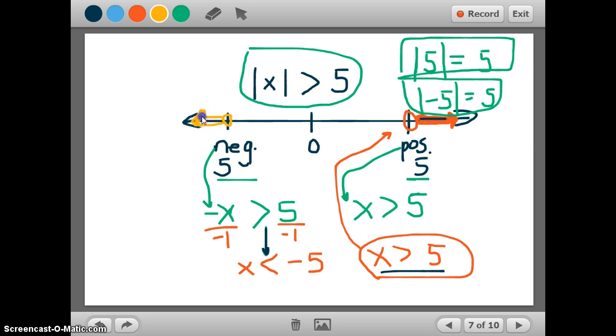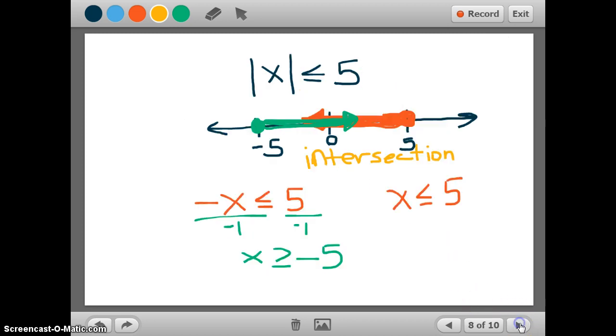Notice with this problem, both answers are going in the opposite direction of each other. We'll talk about the meaning behind that and why it looks like that and what we call those answers when we see them like that.